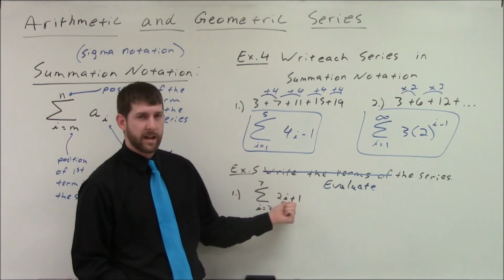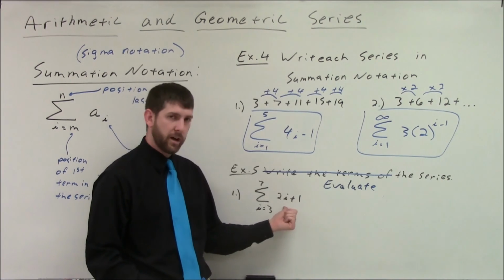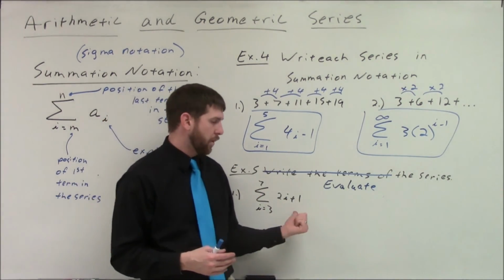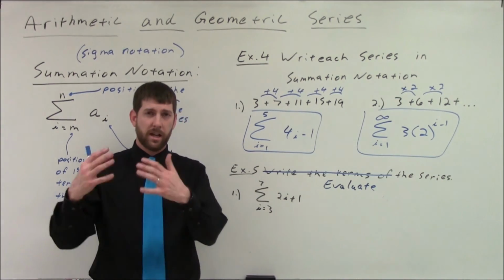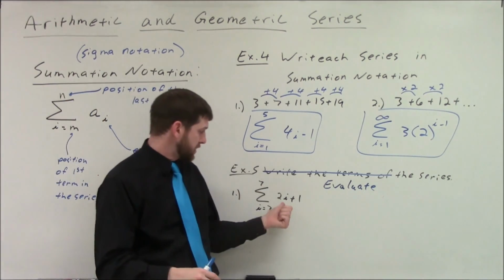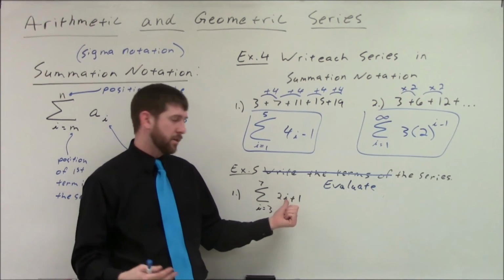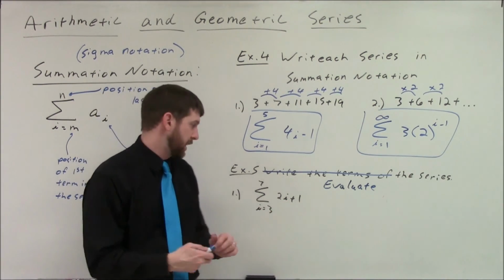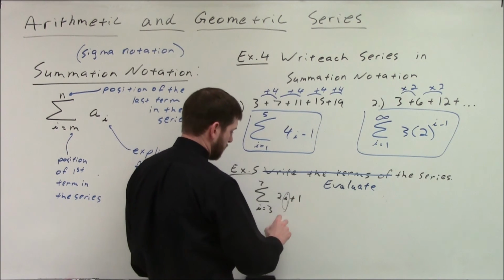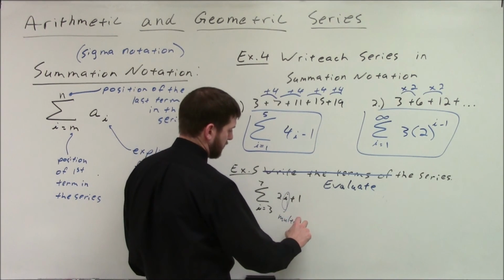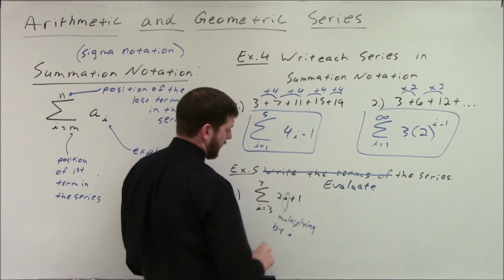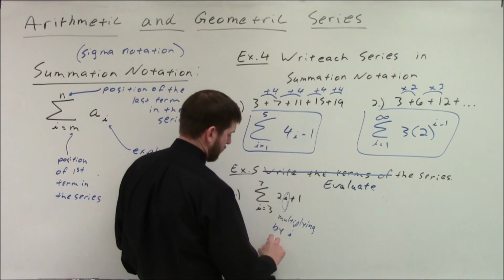Well, we know that the explicit formula for an arithmetic is a number times i, or a number times n, where in the explicit for a geometric, n is in the exponent. Since i is not in the exponent, i is part of a base, then we know that this is going to be arithmetic, because we're multiplying by i.